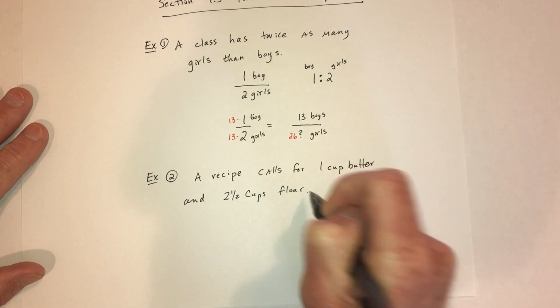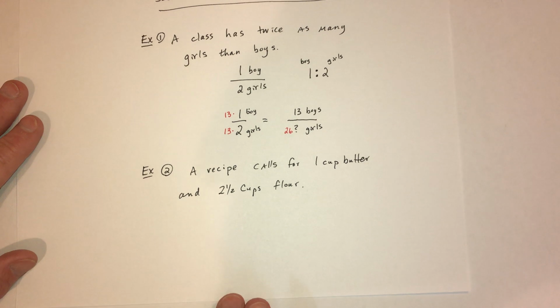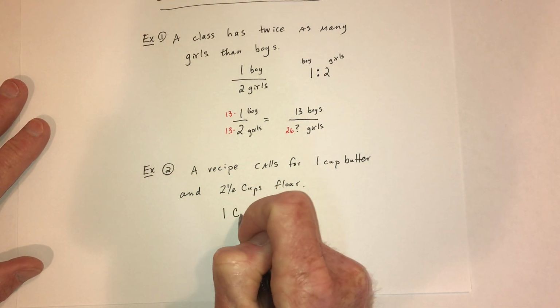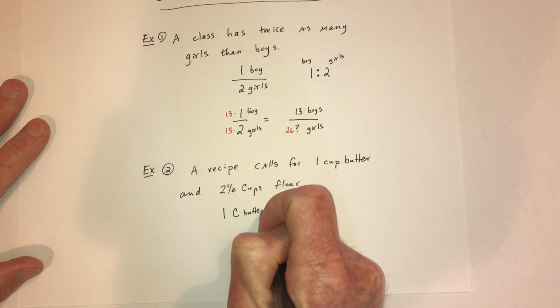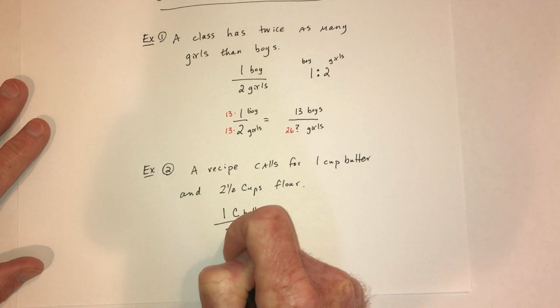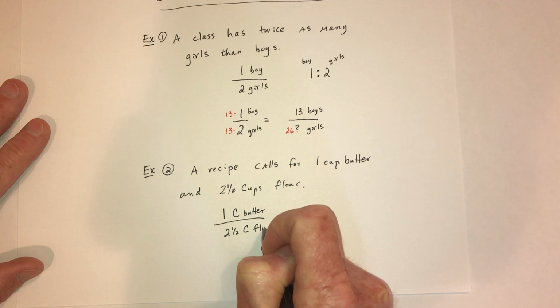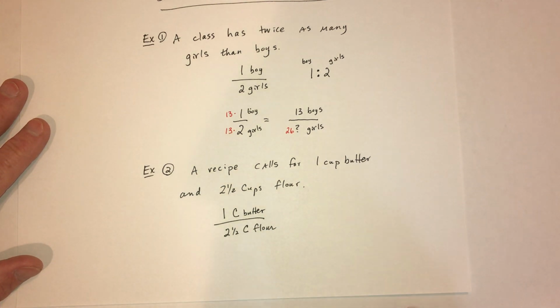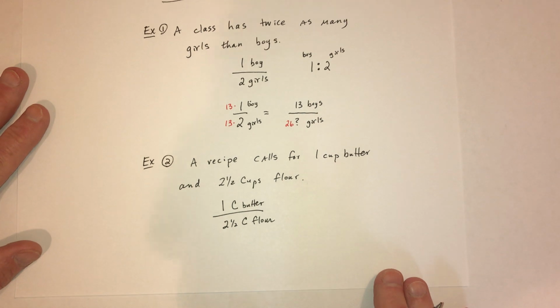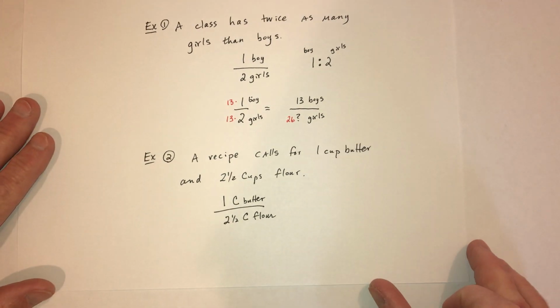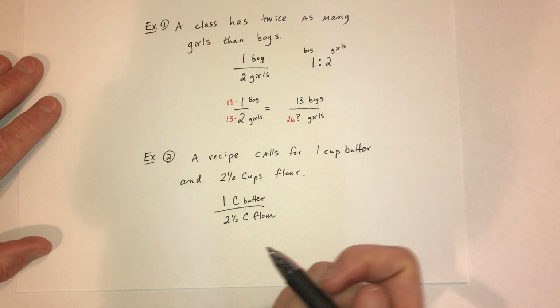Gonna make some cookies. So then you could write it as 1 cup of butter to 2.5 cups of flour. So then, what if I triple the recipe? Can't have enough cookies.